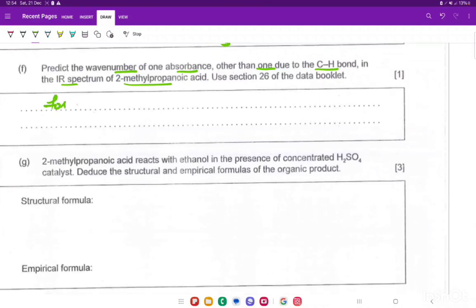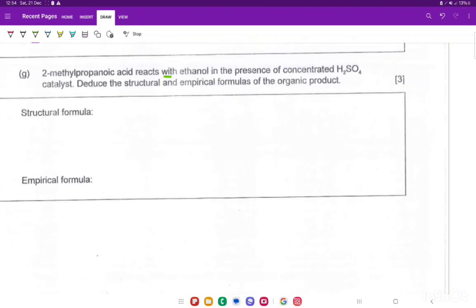For the OH of carboxylic acid, the wave number is from 2500 to 3000. As per the data booklet, this is the wave number for the OH group of carboxylic acid that should be visible in this IR spectrum.